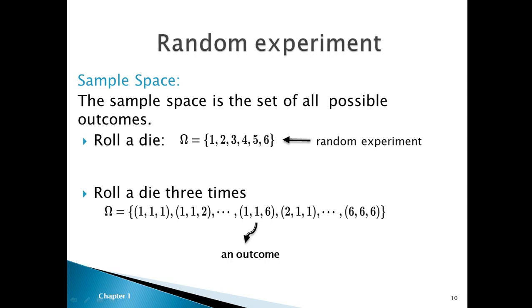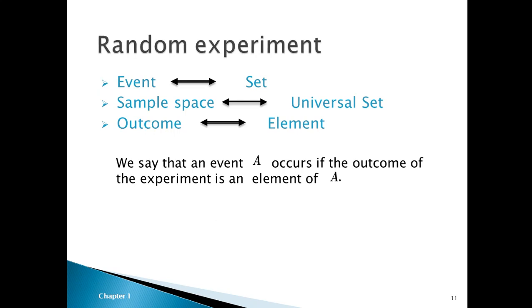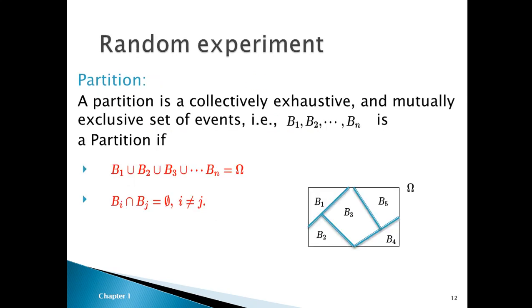The sample space is the set of all possible outcomes. For rolling a die, it is {1, 2, 3, 4, 5, 6}. A partition is a collectively exhaustive and mutually exclusive set of events B1, B2, until Bn.